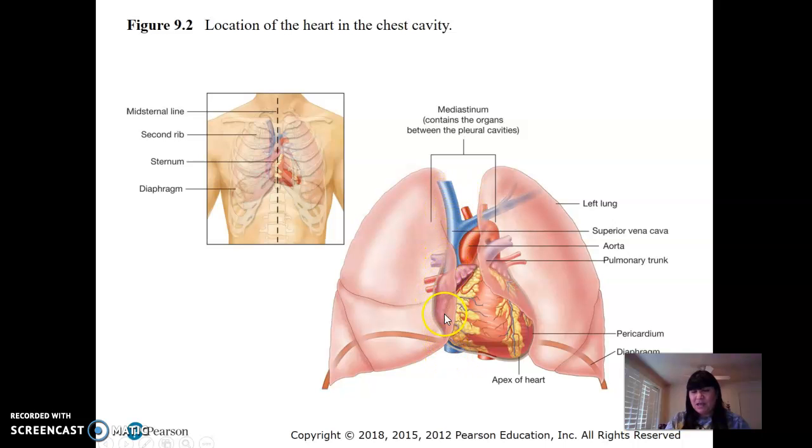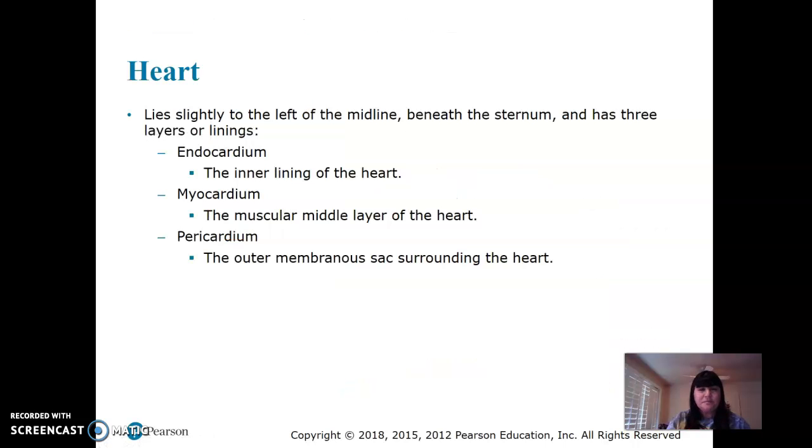So they're bringing the deoxygenated blood to the right side of the heart, right atrium, right ventricle, then up through the pulmonary artery to the lungs, gets oxygenated, and then to the rest of the body. So really close proximity. And this is in the thoracic cavity in the chest, yes.